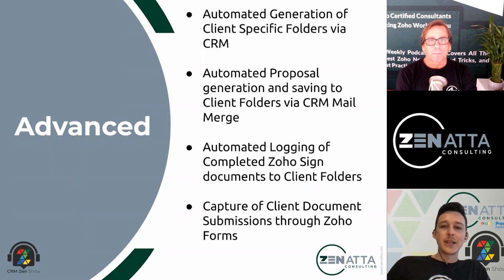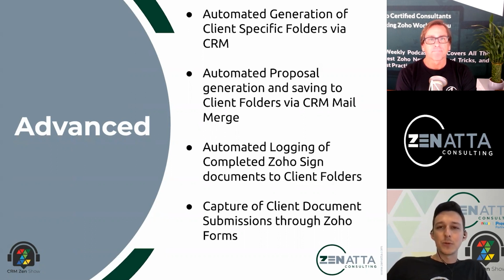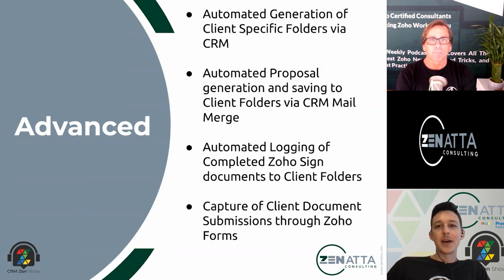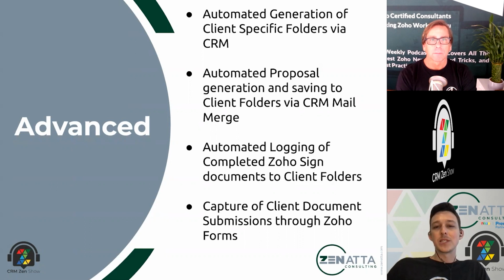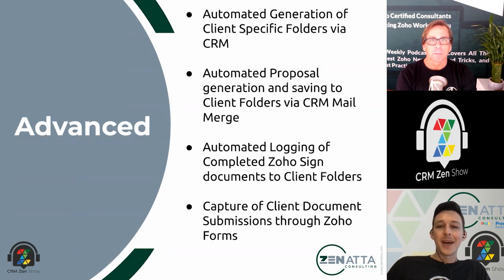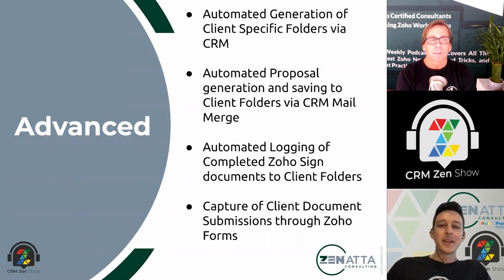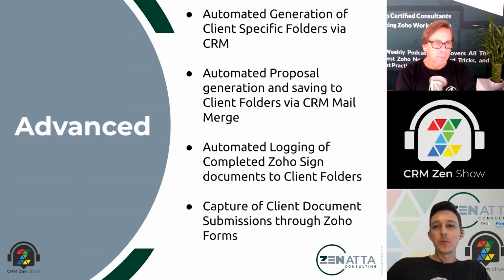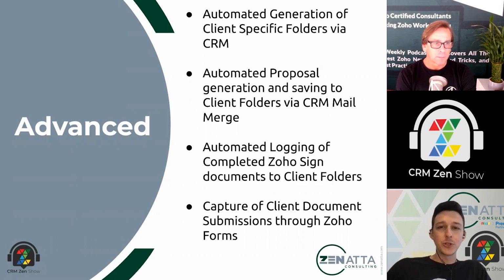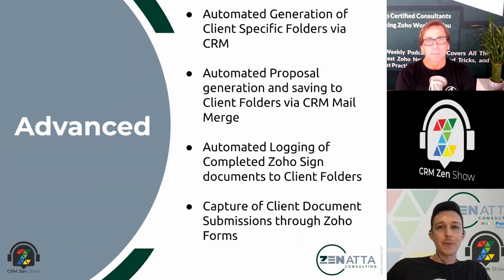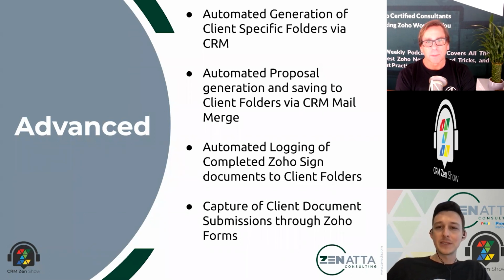You can also go ahead and automate proposal generation and saving those proposals into client folders. This one can be a huge quality of life improvement if you are using the CRM mail merge. It's kind of twofold. This does require creating the proposal itself through Deluge, so there's a prerequisite step if we want to have it saved to the right place.